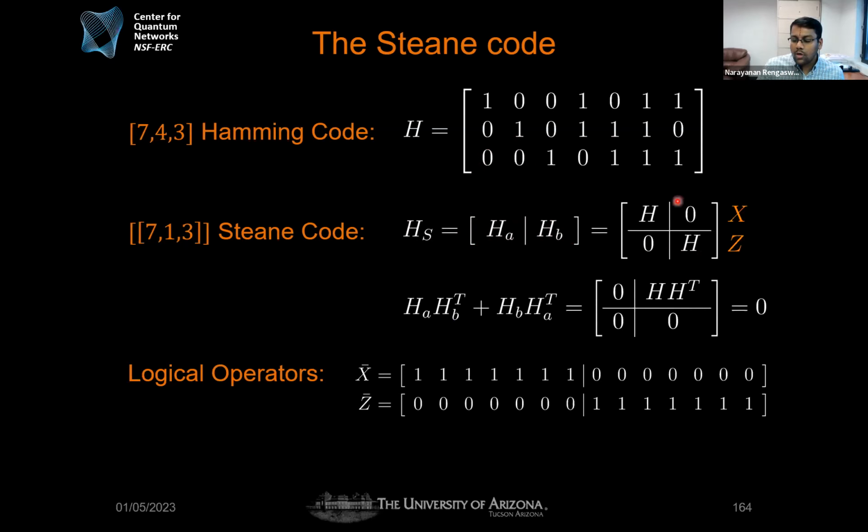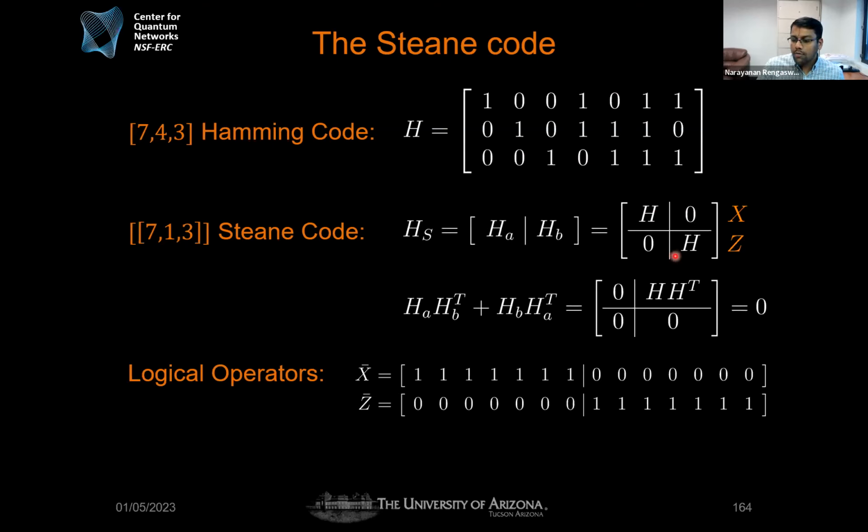The top half of the matrix, we take it to be H and 0. When you map this to the Pauli space, this only gives you X type operators because the Z part is fully 0. And this H is just the Hamming code parity check matrix.